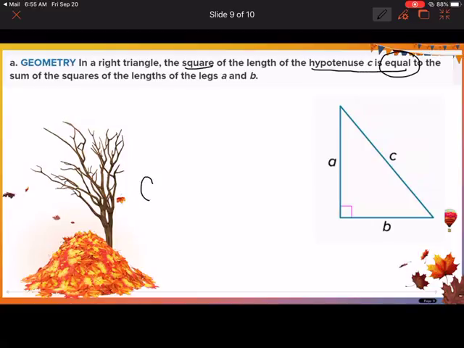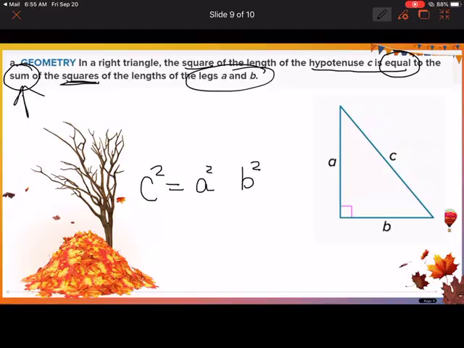So we'll take C, take the square, equals to the sum, that means add, of the squares of the length of the legs A and B. So that means I'm going to square A, square B, and then I go back and I see sum means add. That should be a formula we recognize.